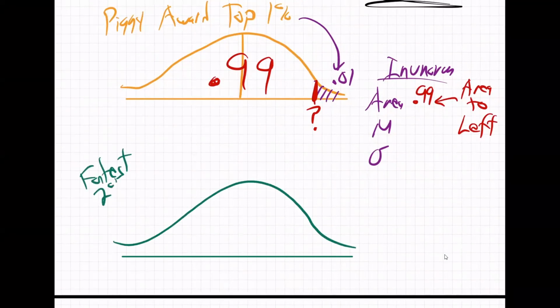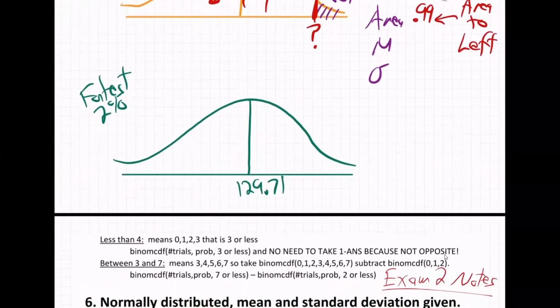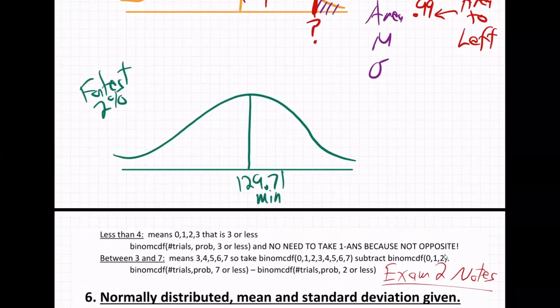Fastest 2%. Now, your bell curve, what do you have in the middle there? My mean is 129.71. 129.71. Okay. And what are the units on that? Isn't that like minutes or something? Seconds. Oh, seconds. Okay. And this is for the motorcycle racer, right?